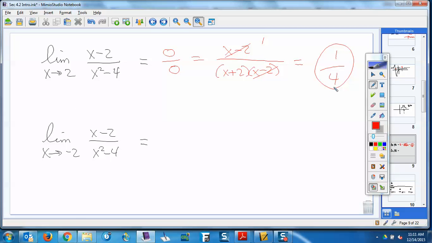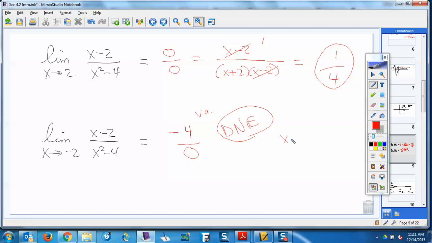So we're done. Okay, let's go down and do this very similar looking problem, except x is approaching -2. What do you get? -4/0. What does that tell you right away? Vertical asymptote does not exist, but we go farther.